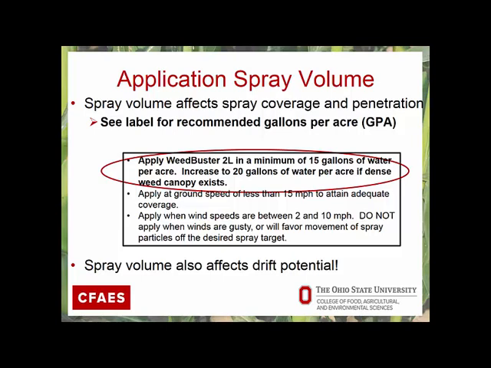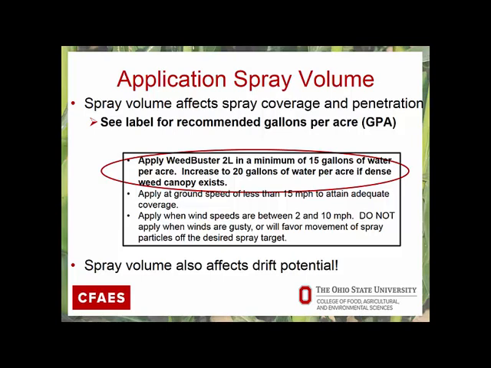There's other considerations for deciding what gallons per acre to use. So the type of pesticide and the spray coverage that you need. We already talked about a contact herbicide. Generally, these are going to require higher gallons per acre and better coverage than a systemic herbicide.